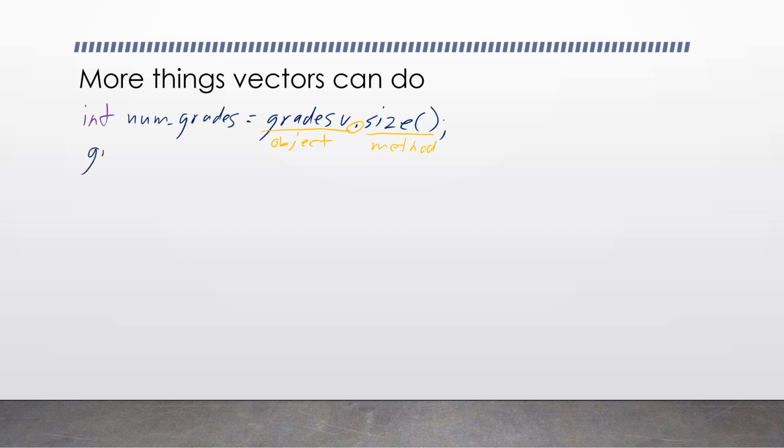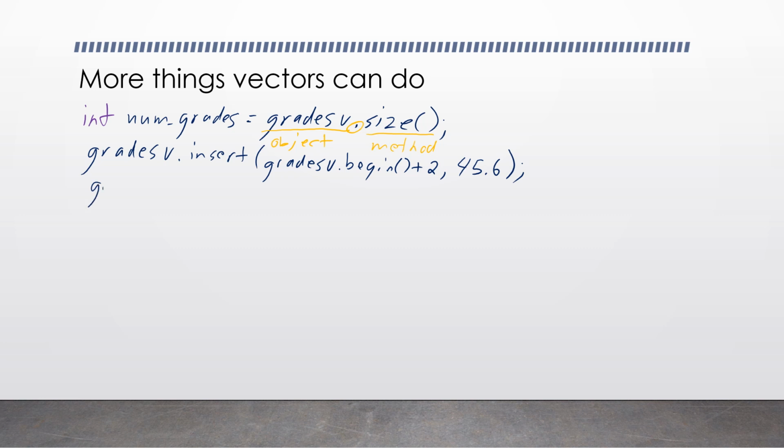Some other methods, I can call grades_v dot insert. Let's say I want to insert at position 2, that is the third spot. So I can go grades_v dot begin plus 2, and then I can insert the grade 45.6. Really bad homework grade that I made that time.